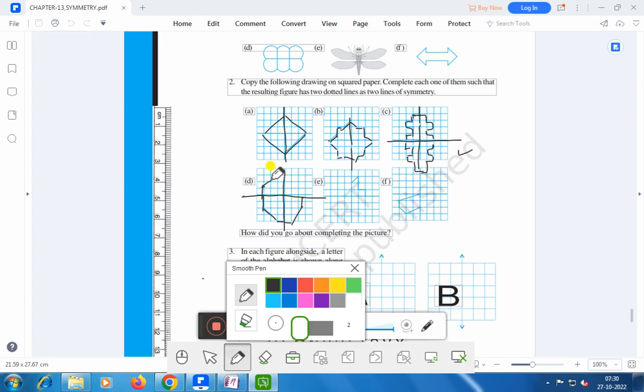This one, and you will complete this one, like this, right? You have to draw it very carefully, right? Now this one has only this figure.